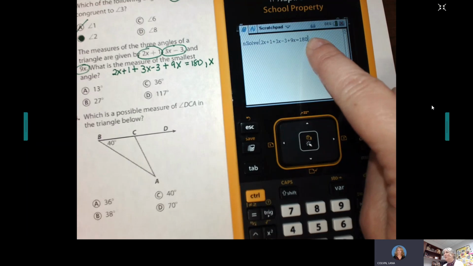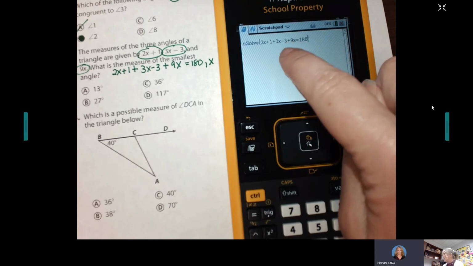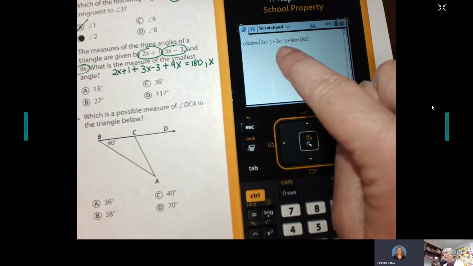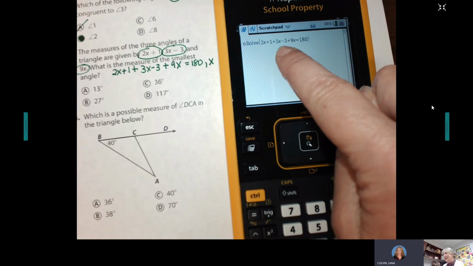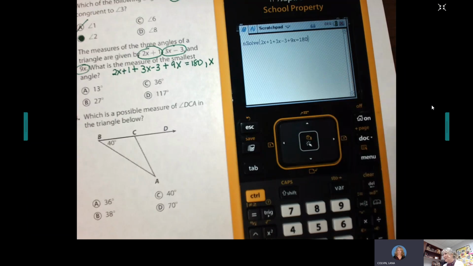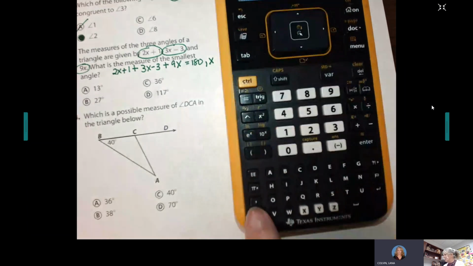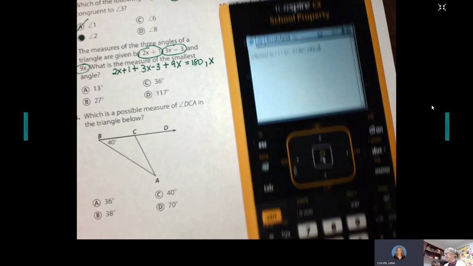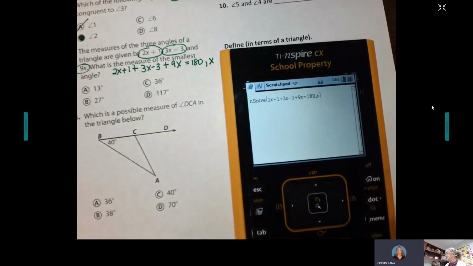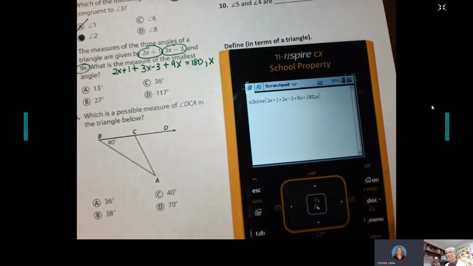We've got to tell it what variable to solve for. What variable did we use? We used x, right? See this little key right here, comma? Hit the comma key, and then hit x, comma x, and it'll look like this in your calculator. Does it look like mine? All right, now hit enter.